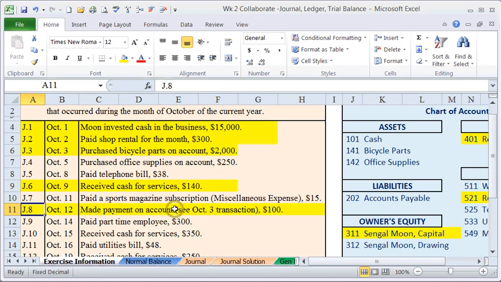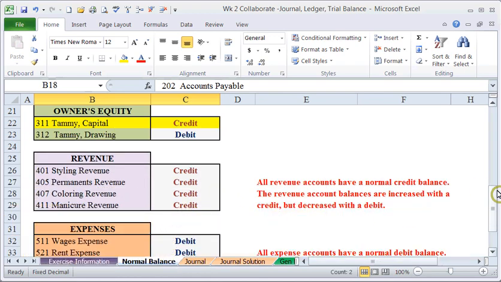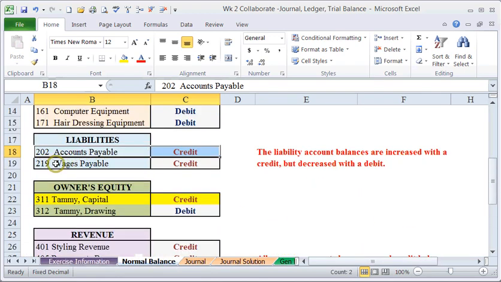We don't want to record the bicycle parts again. We already recorded those in the transaction on October 3rd. Instead, we want to reduce accounts payable. We want to show that he now owes his supplier $100 less. Accounts payable is a liability account that has a normal credit balance.